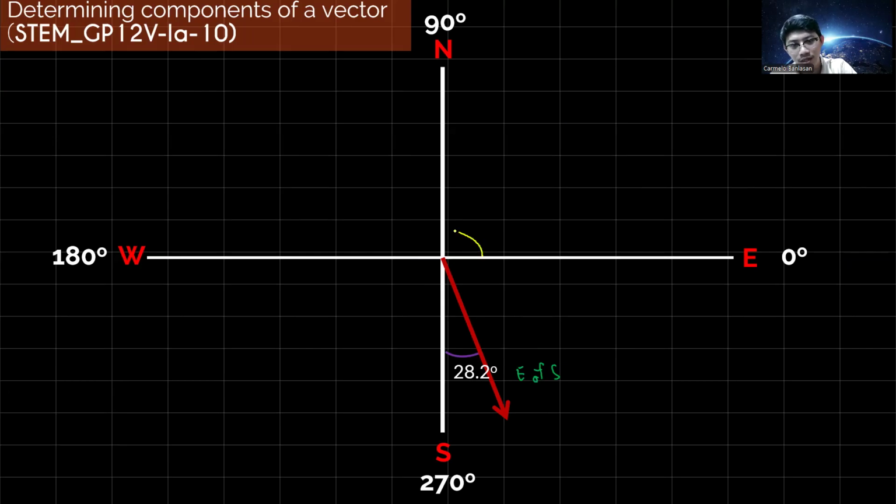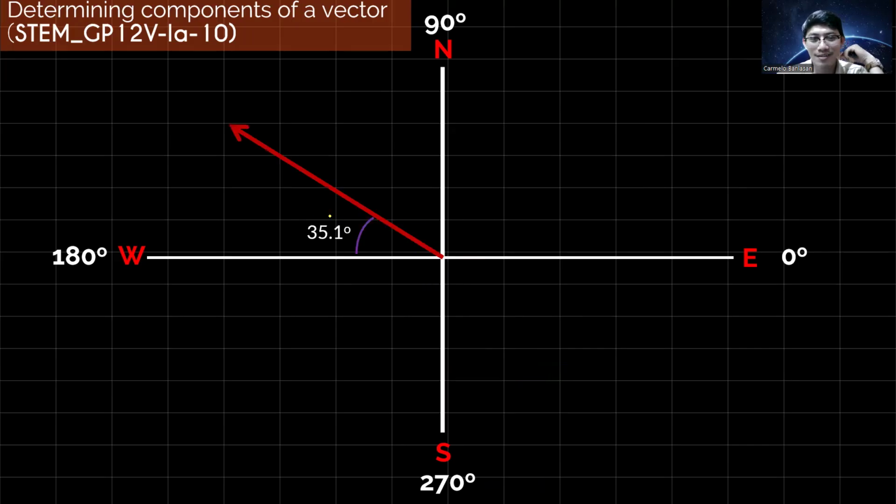So from 0, 90, 180, 270, this one. We know this is 28.2, so it must be 270 plus 28.2 degrees. Good. And that gives us 298.2 degrees. That is already our standard angle, 298.2 degrees. Is that clear?